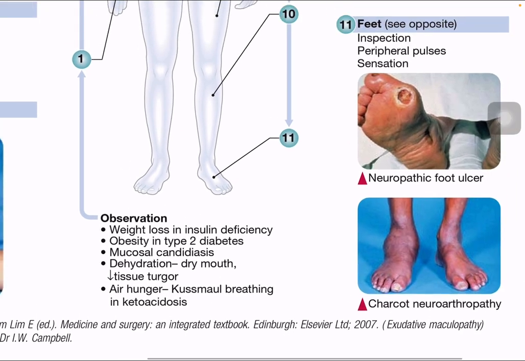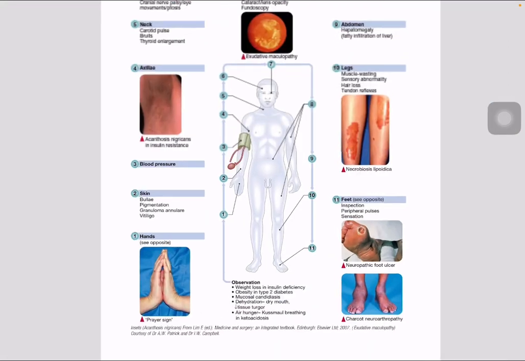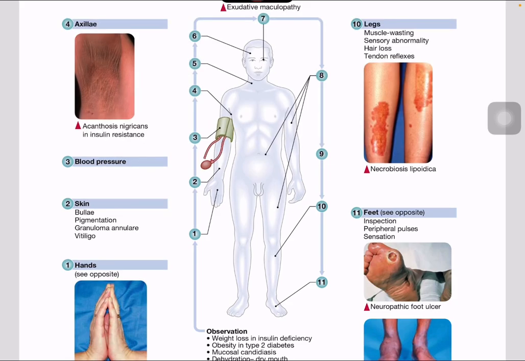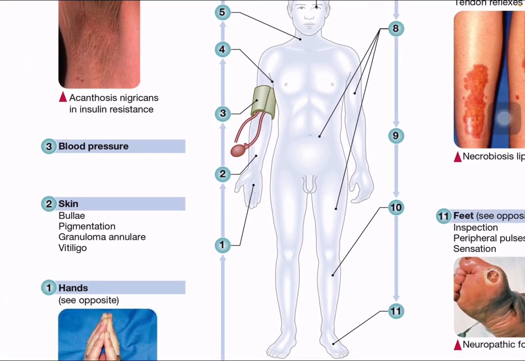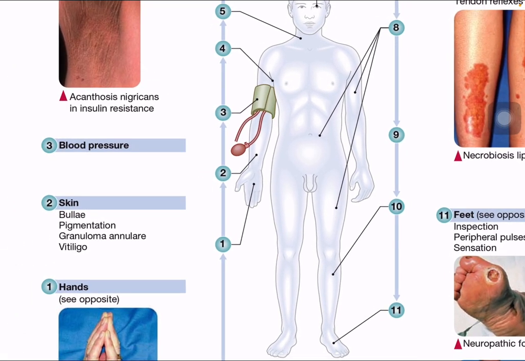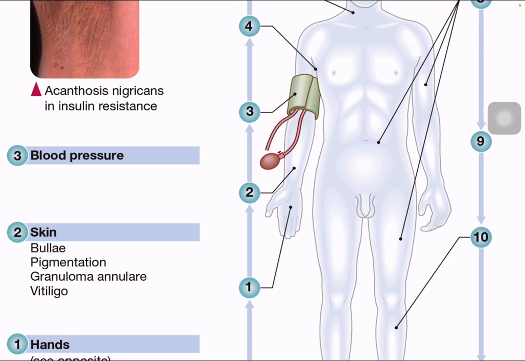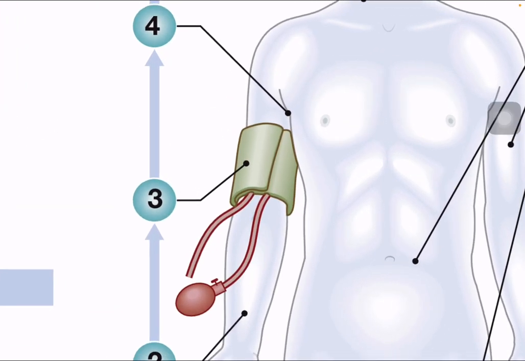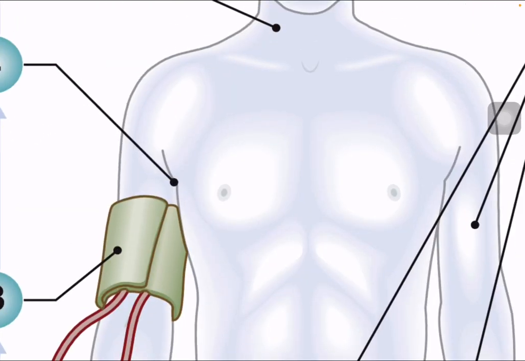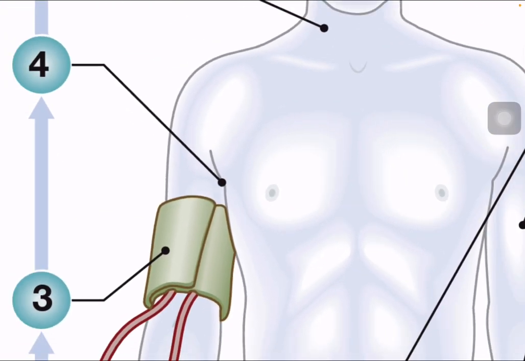So this is all about the picture. This is the picture in Davidson. We can see from the hand. This is the hand. Again, we must check the prayer sign in the hand. In the skin there are some bulla, pigmentation, vitiligo, granuloma annulare. Then hypertension, then the axilla, that is acanthosis nigricans.